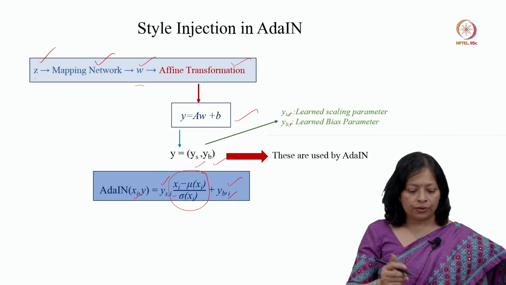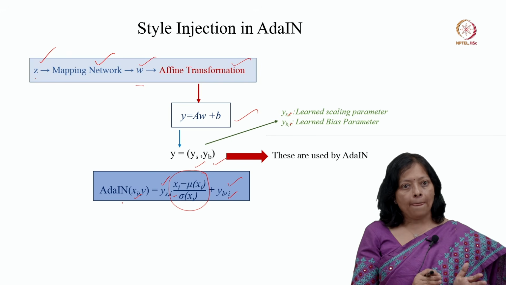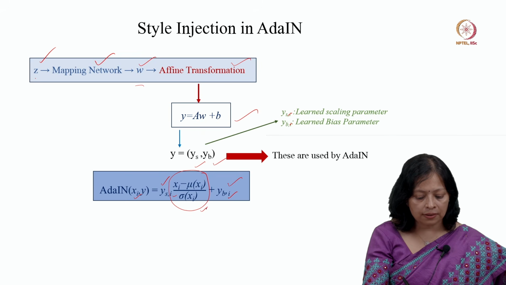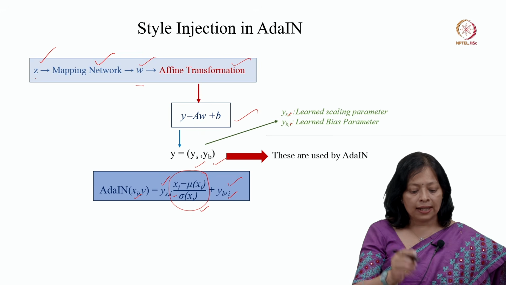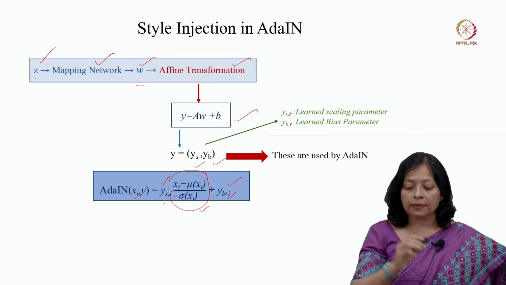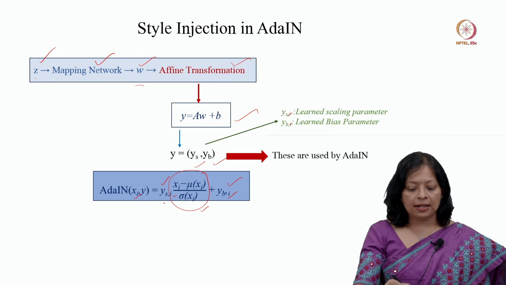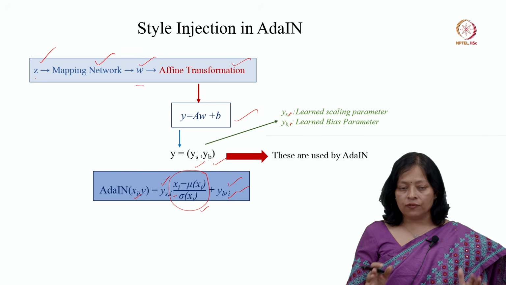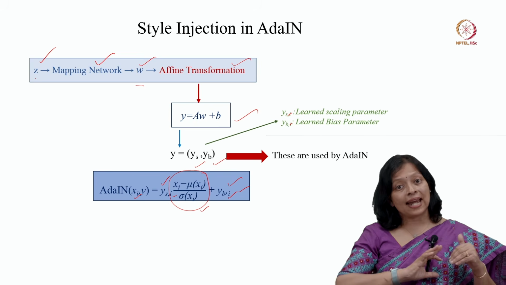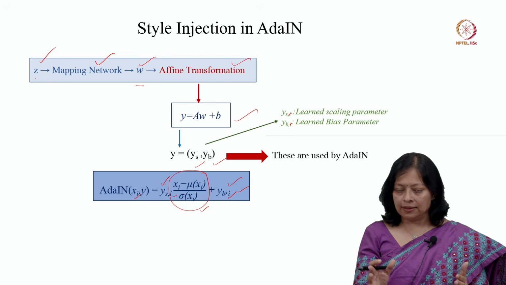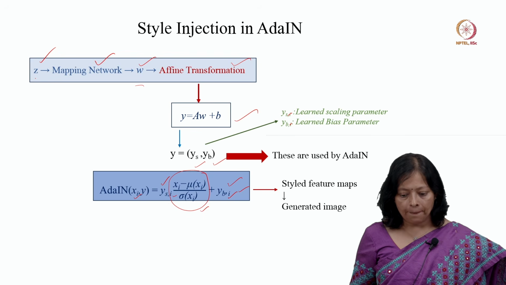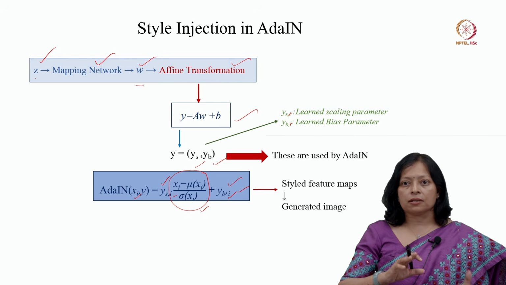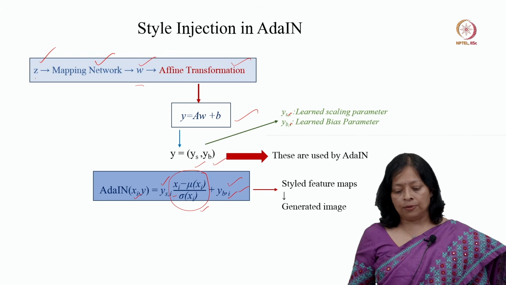So AdaIN normalizes, then the result gets multiplied with the learned scaling parameter, and the learned bias parameter is added. This is the way the style is injected in the AdaIN block. So styled feature maps are generated which come out of the AdaIN block, and we get the generated images.